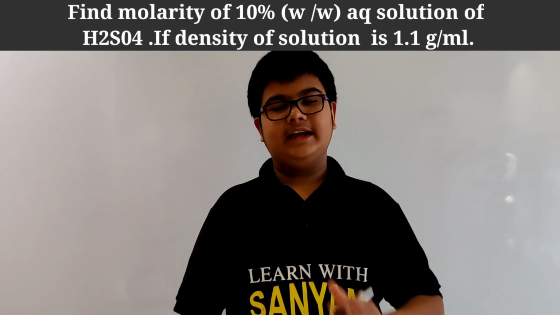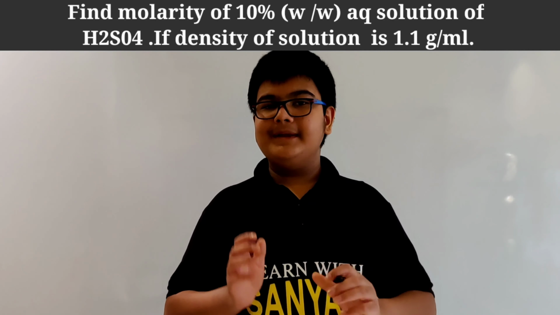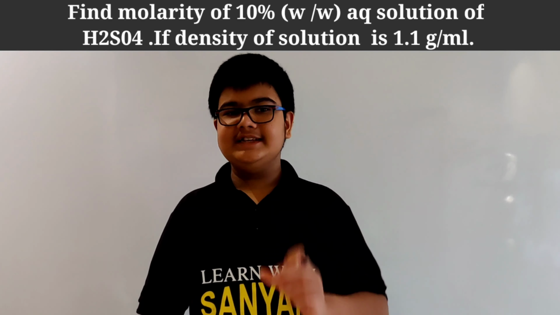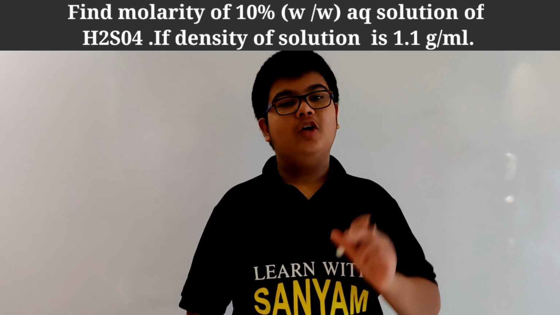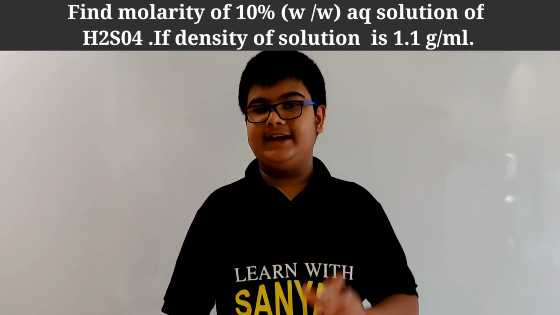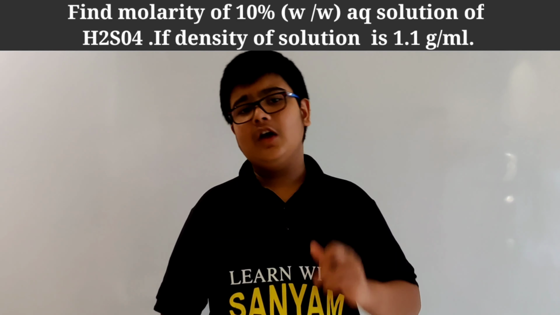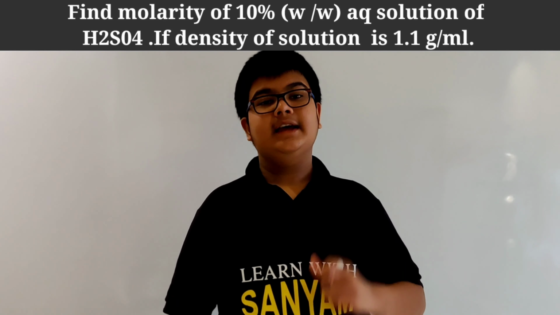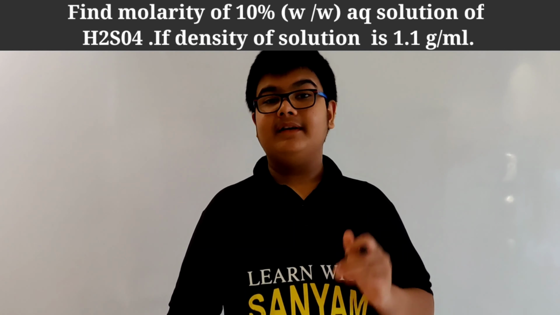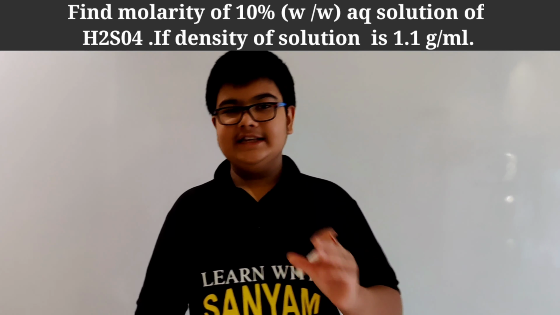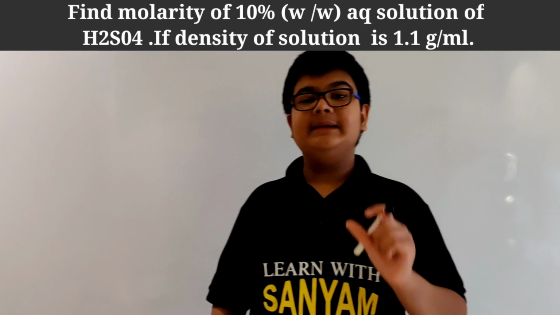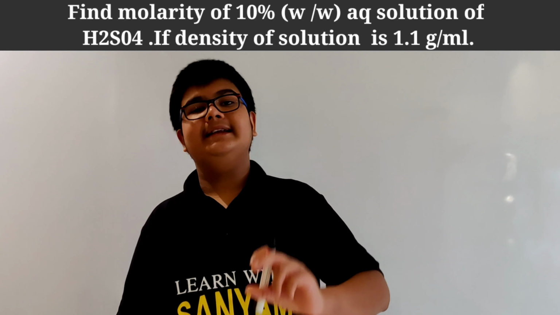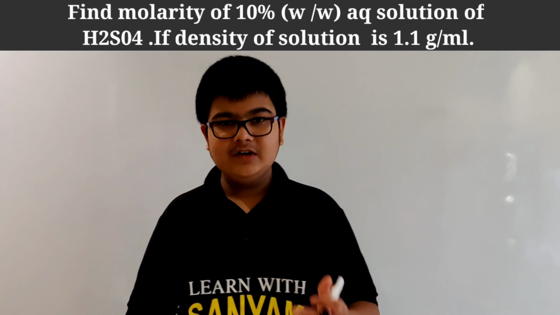Now here we have another numerical which is a combination of two concentration terms. The question says: find the molarity of 10% weight by weight aqueous solution of H2SO4 if density of solution is 1.1 gram per ml. So this time we are given the weight by weight percent of the solution, and from this we have to find the molarity. So how will we do that?